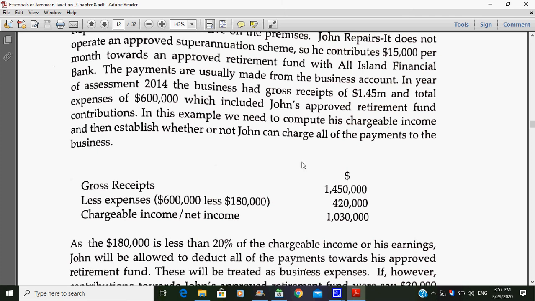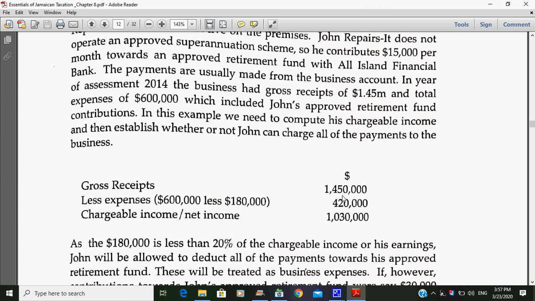The 180,000 is 15,000 times 12. That gives you 180,000, alright? So the 180,000 is less than 20% of the chargeable income or his earnings, meaning less than 20% of the 1.4 million. Okay?